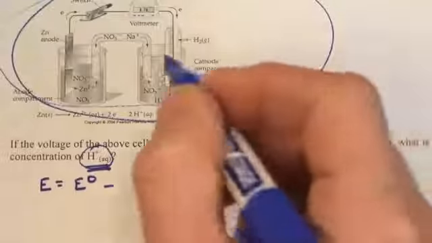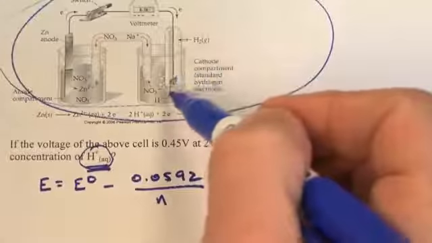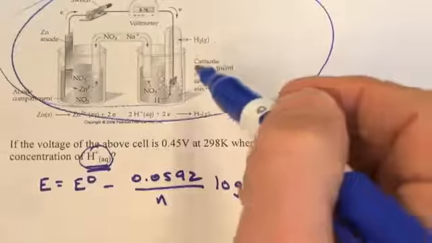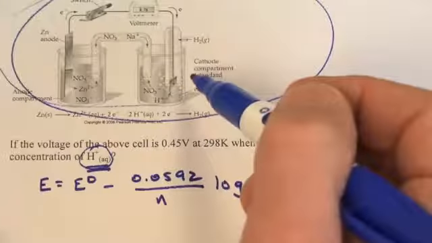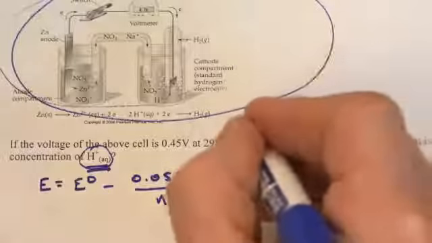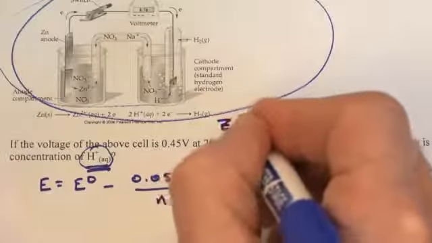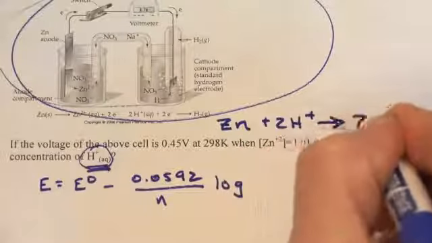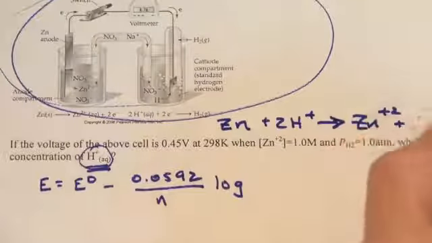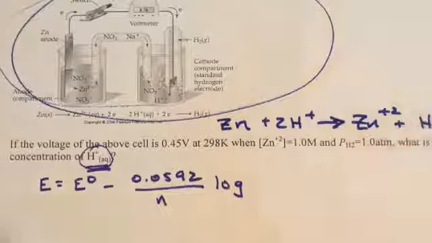So what's our equation that's going on here? Well, if you look, we've got zinc going to zinc plus 2, and then we've got hydrogen from H plus going to H. So the cell reaction is zinc plus 2 hydrogens goes to zinc positive 2 plus H2.